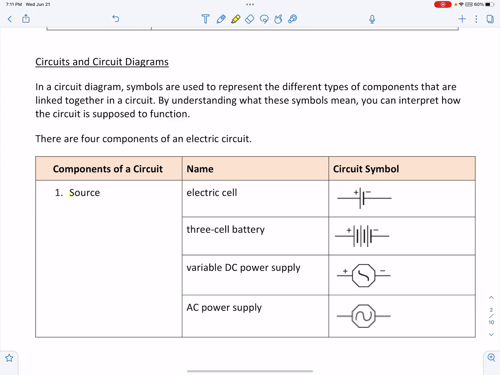Here is the source, like we mentioned before. Your source can be one cell or multiple cells. Here we have a single cell. And here we have a 3-cell battery.